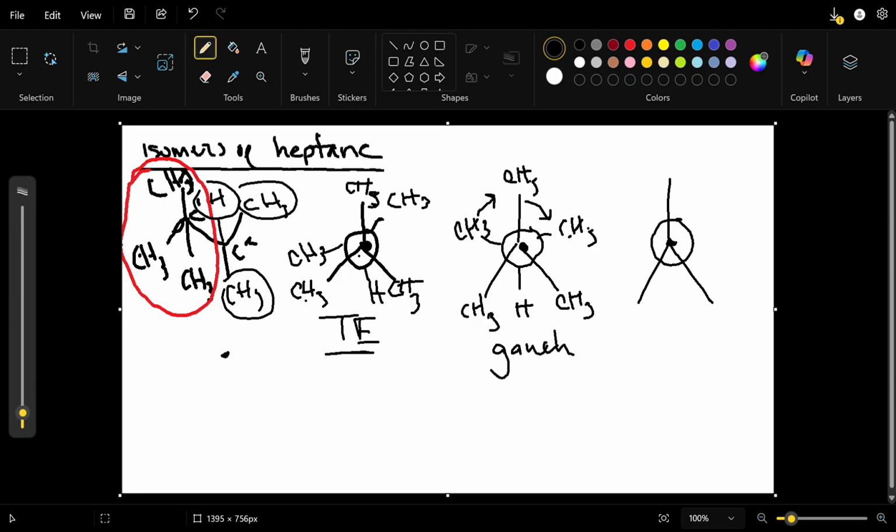Oh, that came out way better. Oh, should I do hydrogen?